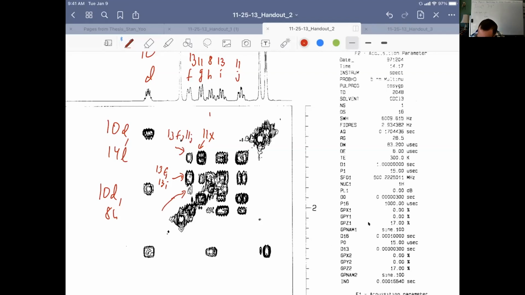This is 13F cross 8H. Then as we continue along here, this little cross peak over here, and we could work on the other side of the diagonal. This cross peak is 11G with 13I.